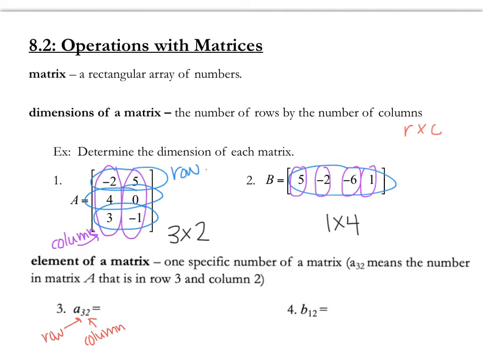So for number 3, we'd be looking at matrix A, and we'd be looking in row 3, which is down here, and column 2, which is up here, and we'd be giving that element, which is -1. You're just giving that one specific value that falls in that spot. So looking at number 4, we're looking at row 1, which there's only one of, and then we're looking at column 2, and we're giving that element, which would be -2. Okay?